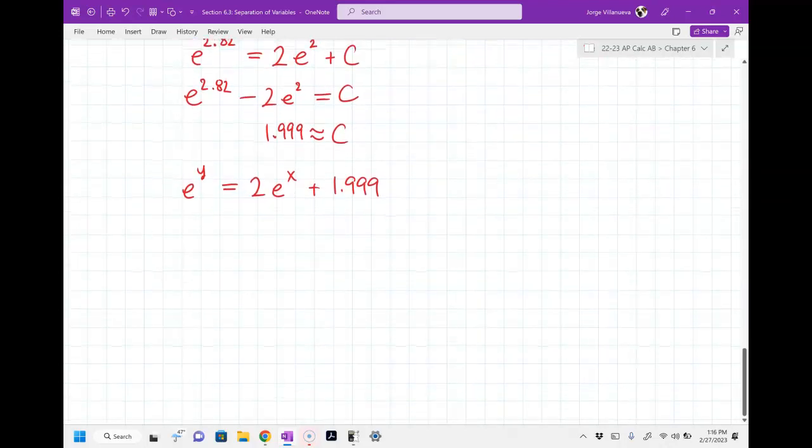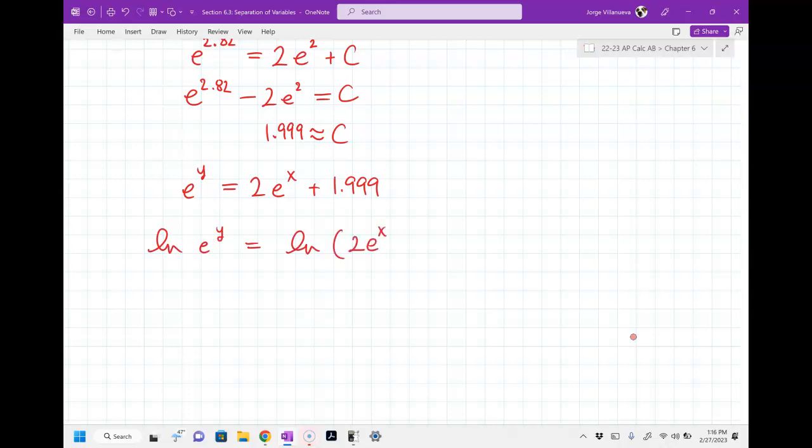So ln of e to the y is ln of 2e to the x plus 1.999. Well, the left side is just y, and the right side just remains the same. And here is my particular solution.